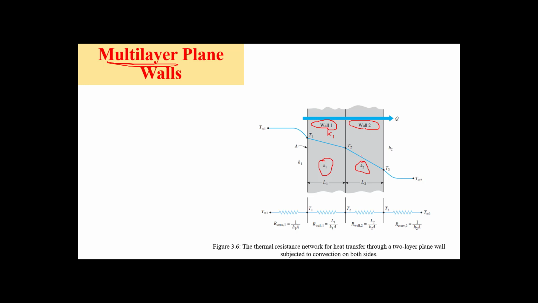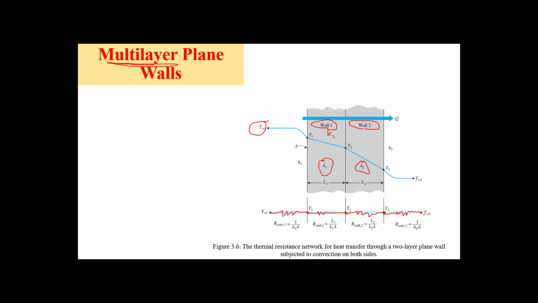So the first question, if it comes in the exam, is to draw the resistance network. So we draw T infinity 1, then the first resistance, then T1, another resistance from wall 1, another temperature here, T2, then wall 2 with the surface temperature, which we label T3, and here we have a resistance coming from convection or radiation or a combination.